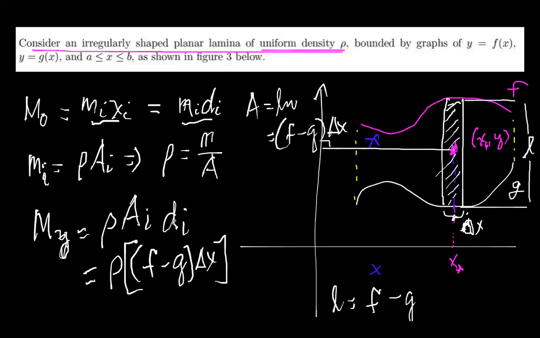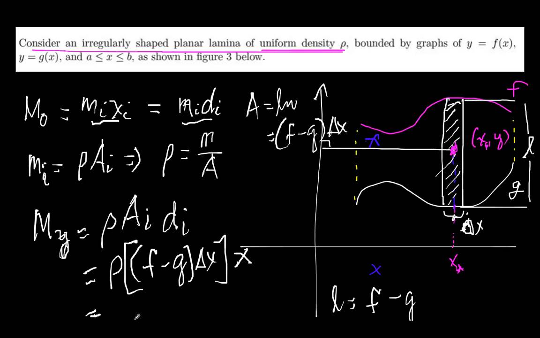And what's the distance? The distance means the distance of the point from the point of reference, or from the origin. And in this moment that we're talking about, it is referred to the y-axis. Therefore, the distance is equal to x, right? The x here. So let's rewrite this.